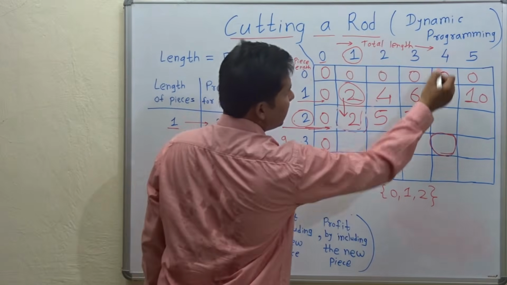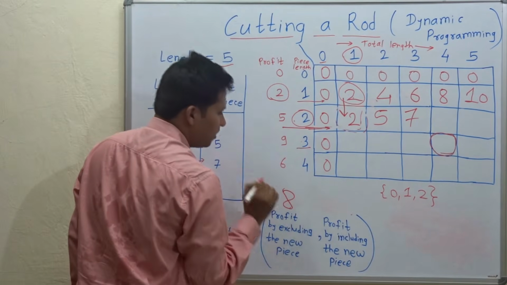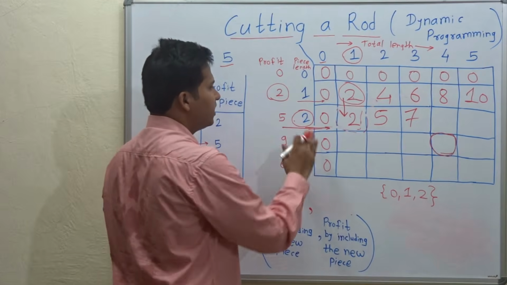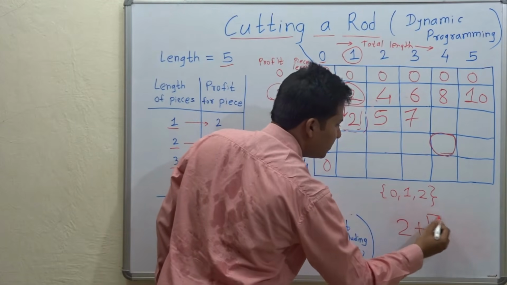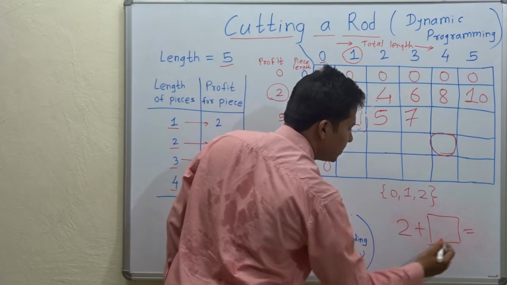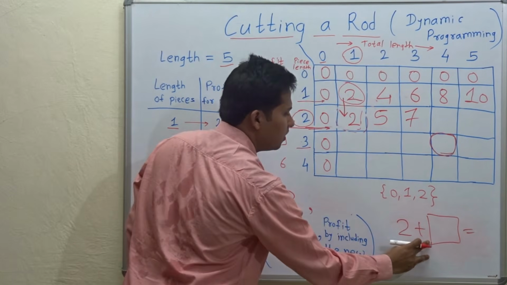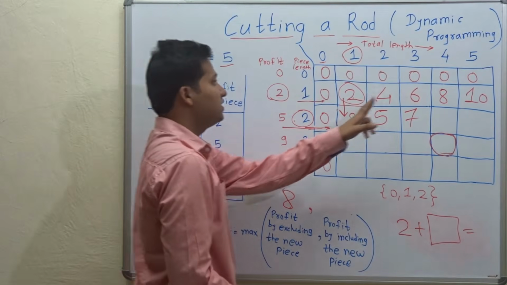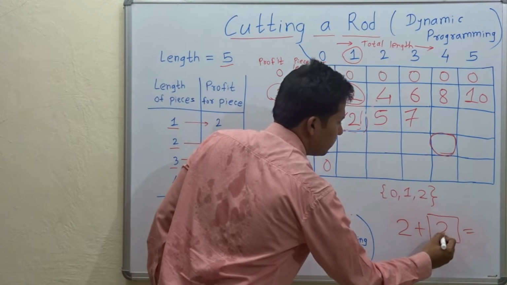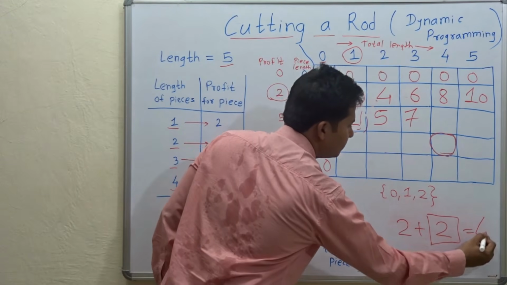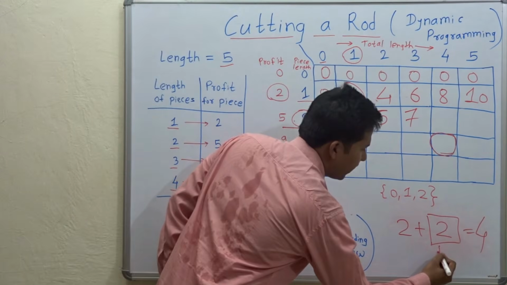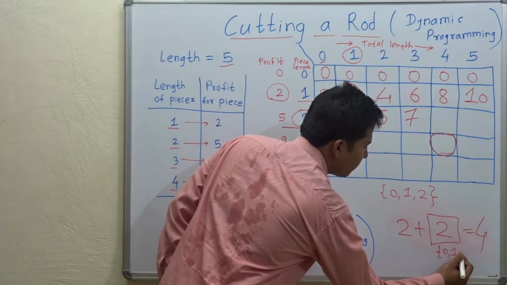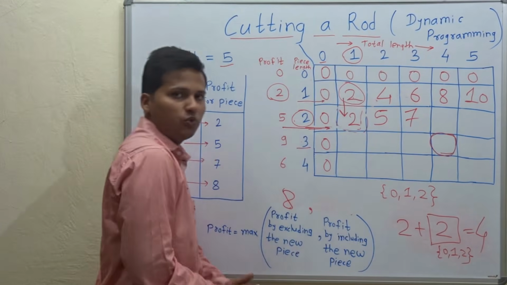So what is the profit? 8 is the profit. Now include that piece. So if you include that piece, then what is the remaining thing? So what is the remaining length to make 4? 2 is the remaining length to make 4. And we are allowed to use pieces of length 0, 1, 2.